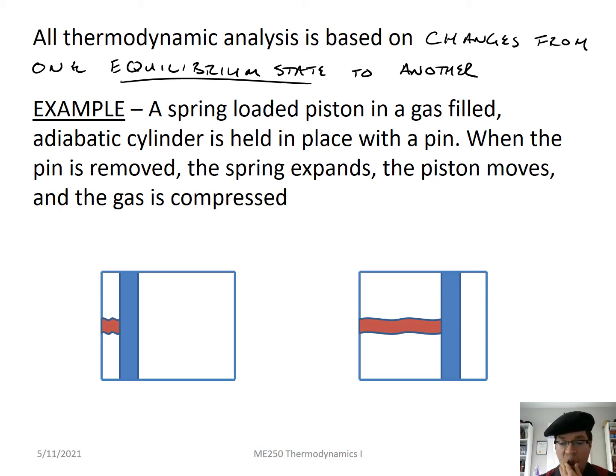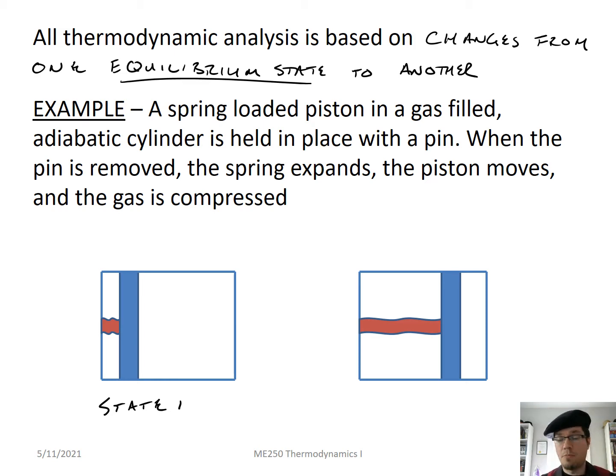Let's do an example with this and introduce the basic idea of conservation of energy and how we use it. So, example here is a spring-loaded piston. So the piston is inside the cylinder in its base state, state 1. The spring is compressed all the way to the left.